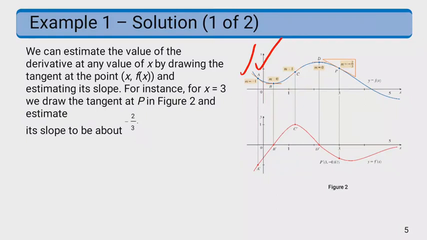It says at that point A, the point is defined by A1, comma, f of A1, which we don't know what it is.